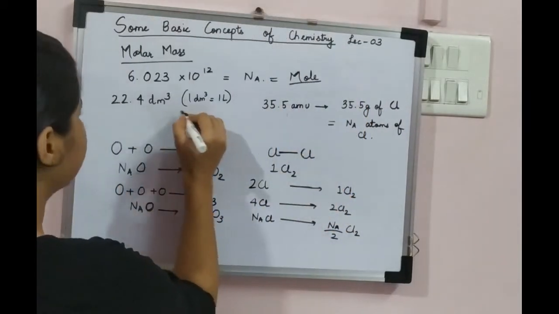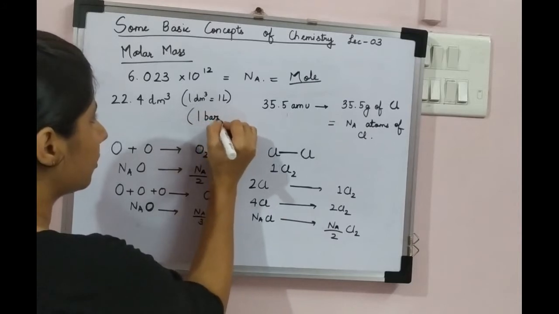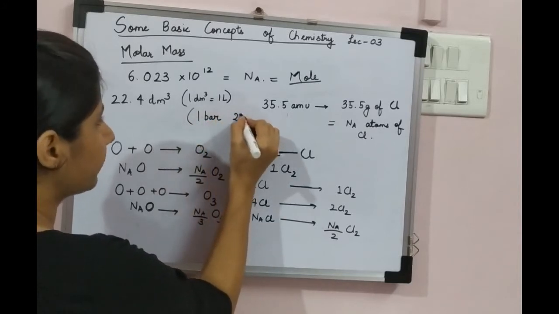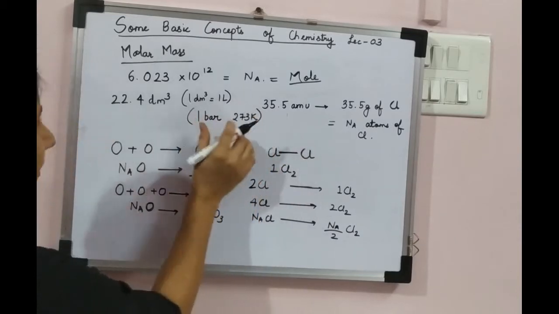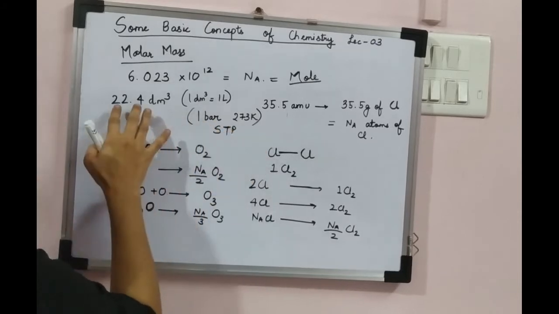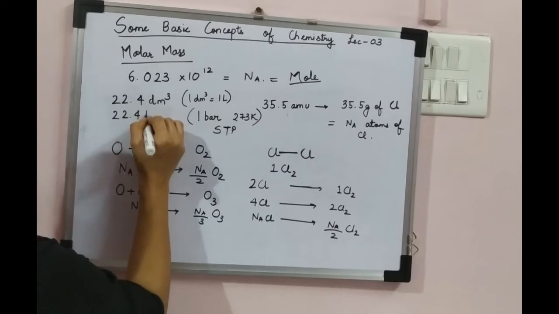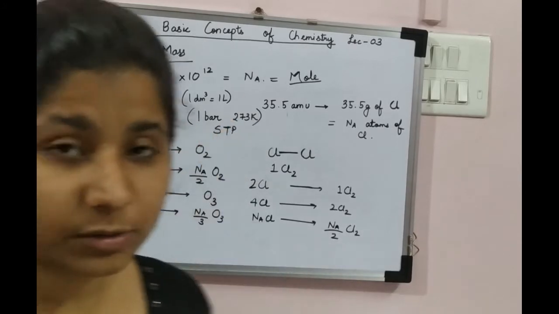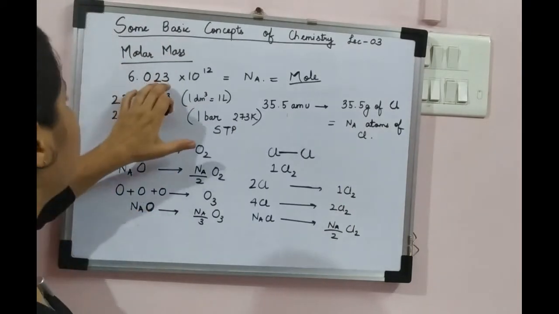Now what are the STP conditions? 1 bar pressure and 273 Kelvin. So when these pressure and temperature conditions are mentioned, these are STP conditions. At STP conditions, 22.4 decimeter cube or 22.4 liter of any gas will contain Avogadro number of atoms.